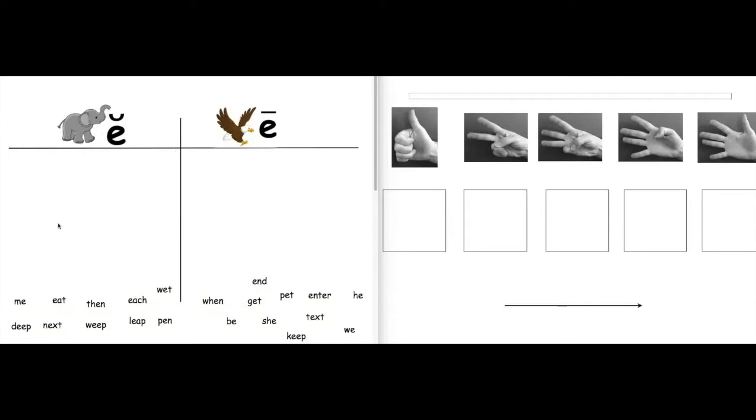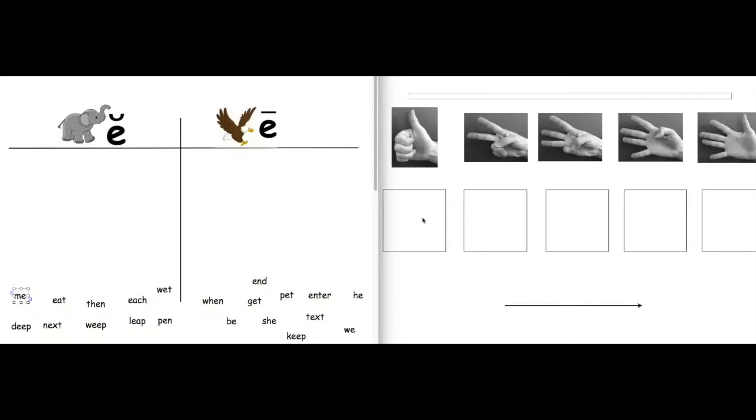This is our T chart right here. And we're going to put the words that have a short E sound of elephant here, and our words that have a long E sound in them, like eagle, in this part right here. We're also going to count the sounds and make the sounds in these words. So let's start with this word right here. This word is me.